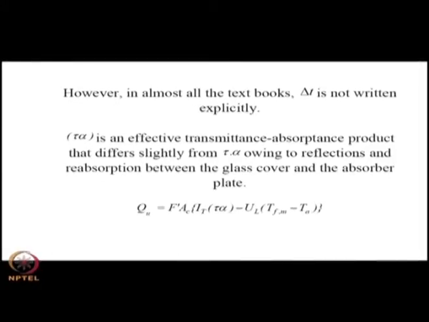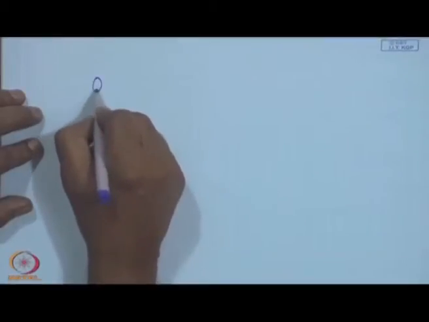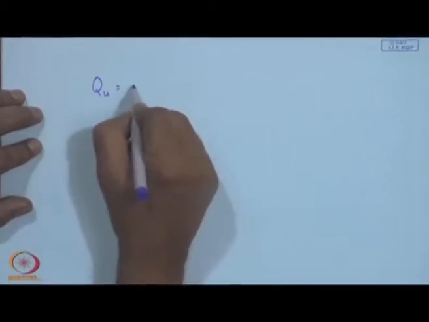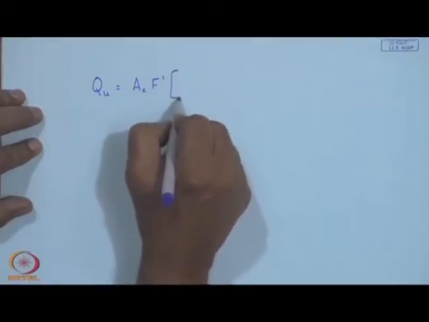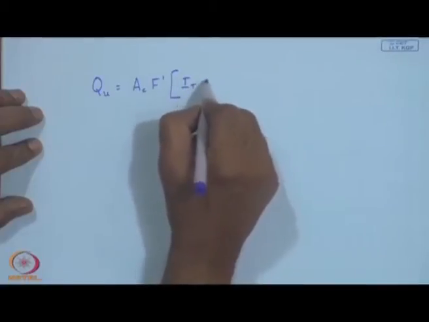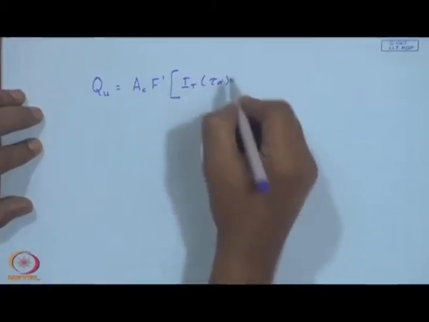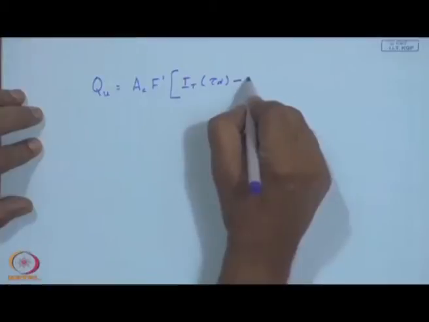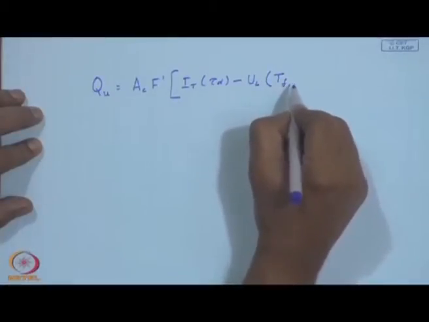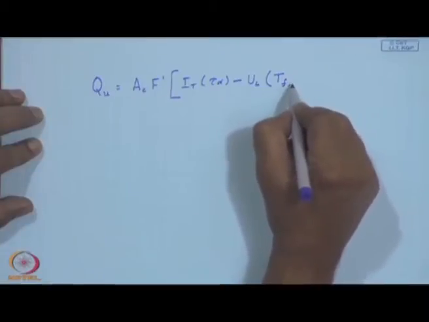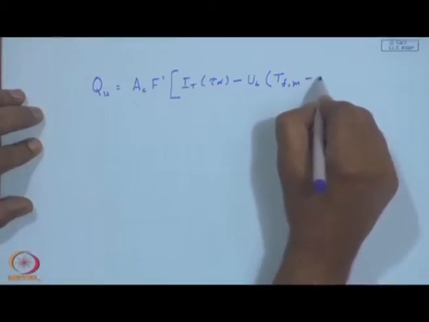In order that the uncertainty in the plate temperature and the associated problems are alleviated, we express this useful energy gain from the collector Q u as a product of A c and F dashed times I t tau alpha, the incoming absorbed radiation, minus the losses if the entire collector had been at the local fluid temperature mean.